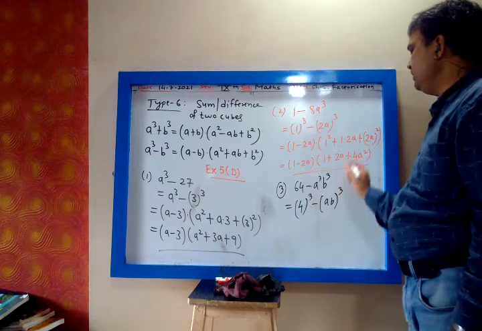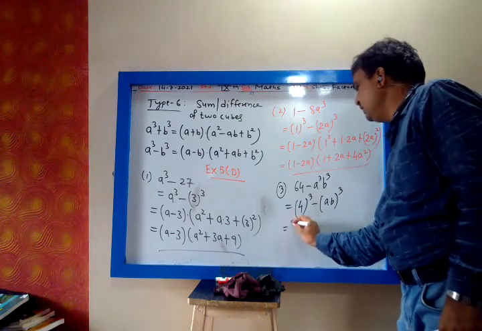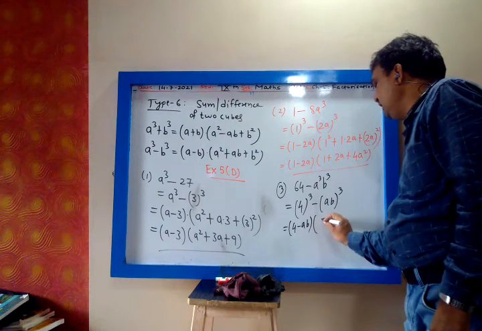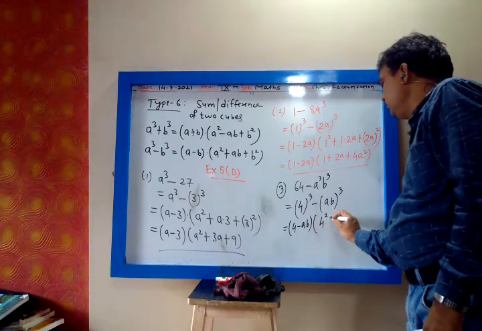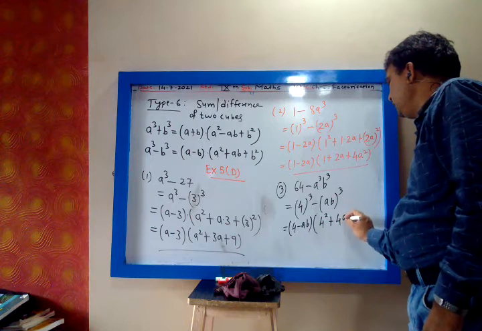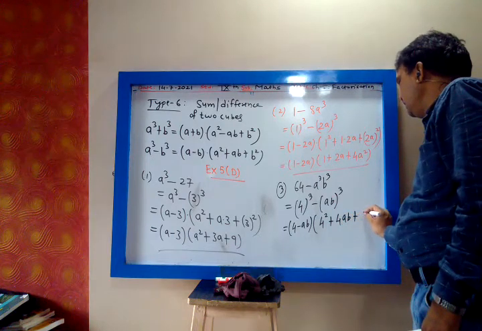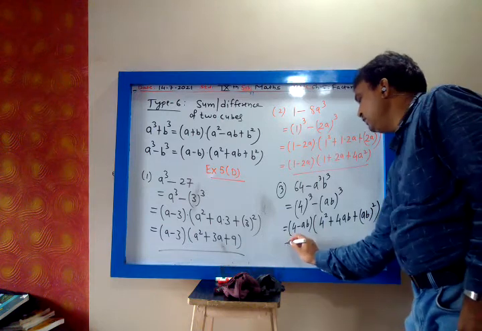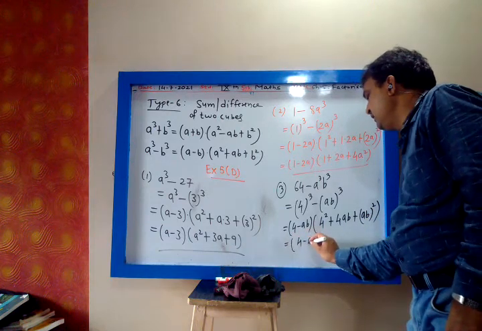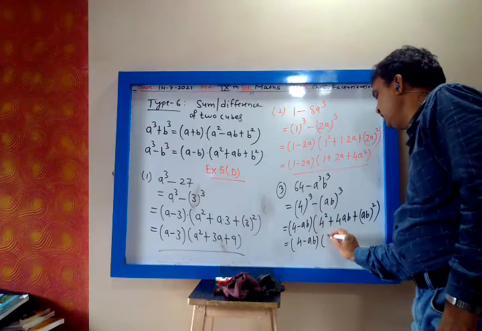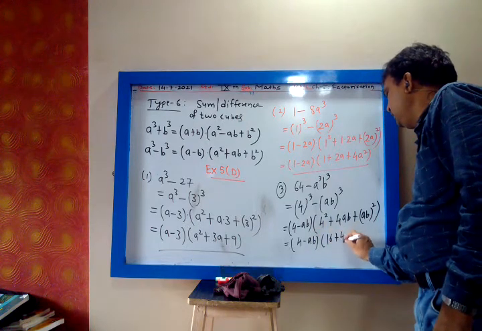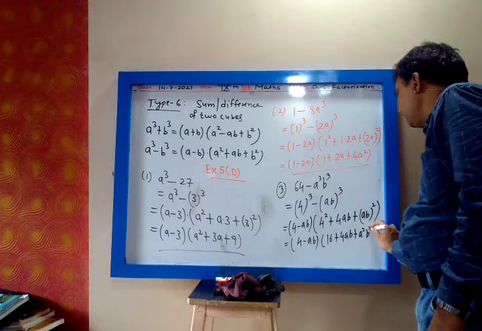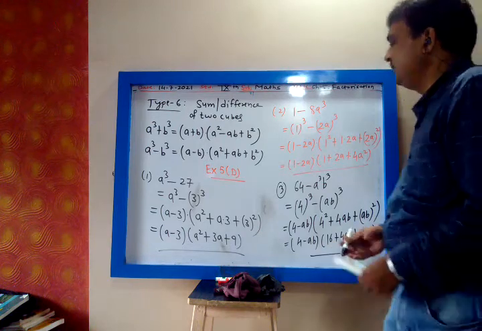So a cube minus b cube, again the same formula, a minus b into a square, 4 square, plus ab, 4ab, plus b square, ab whole square. So that is 4 minus ab into 4 square is 16 plus 4ab plus a square b square, and this is the answer.